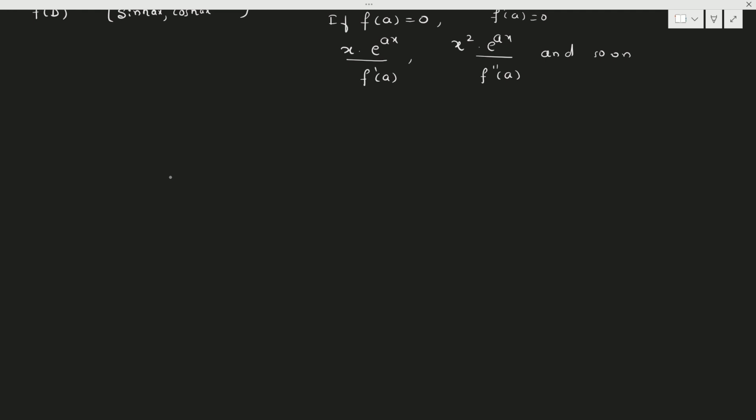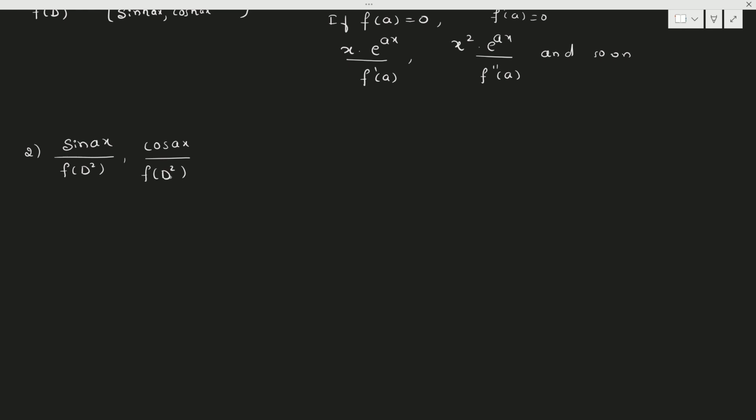The second form is when the function is of the form sin ax by f of D square or cos ax by f of D square.